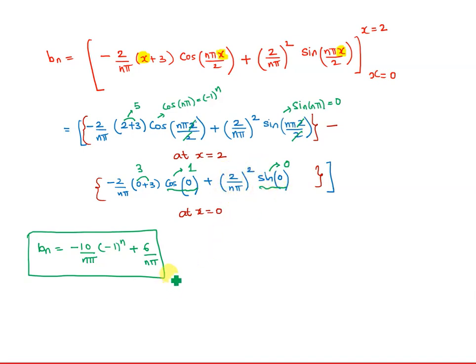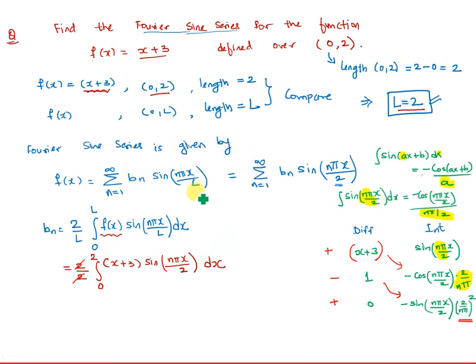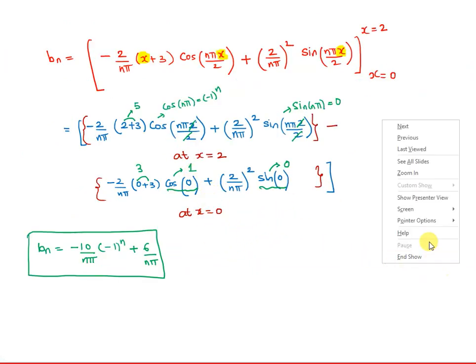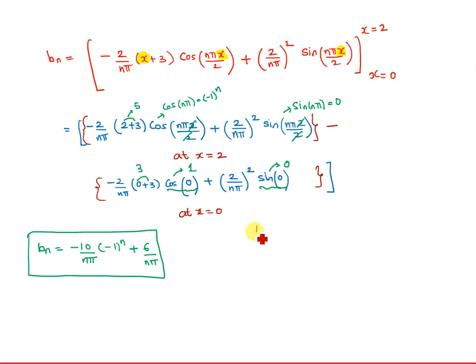So after getting the value of Bn, substitute it here. That gives you the Fourier sine series of this function. So we say that, therefore, the Fourier sine series of x plus 3 is given by, what is your function? x plus 3.